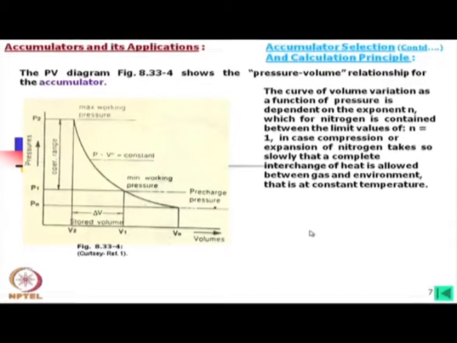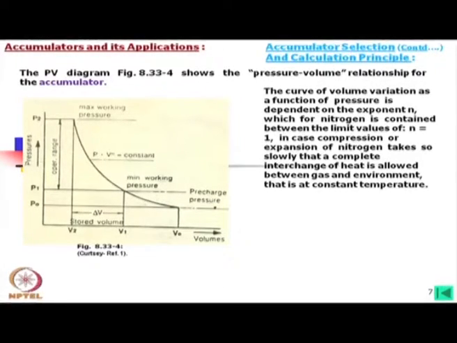The curve of volume variation as a function of pressure depends on the exponent n, which I have explained, and for nitrogen it lies between the limiting values, starting with n equal to 1. This is the case when compression or expansion of nitrogen takes place so slowly that a complete interchange of heat is allowed between the gas and environment, that is, at constant temperature.